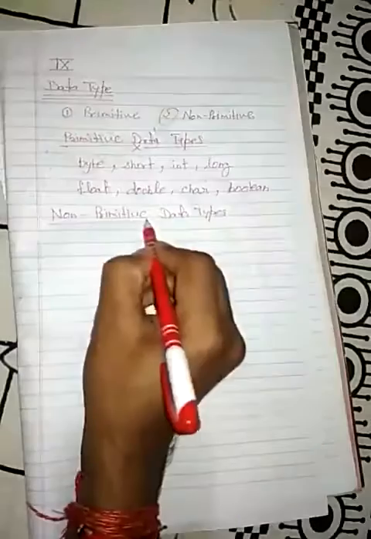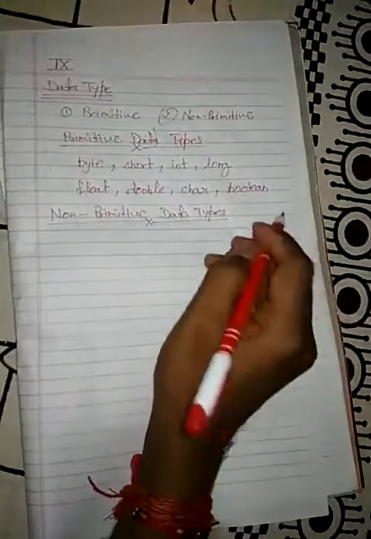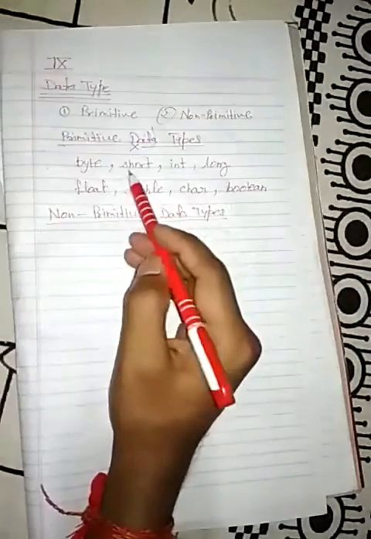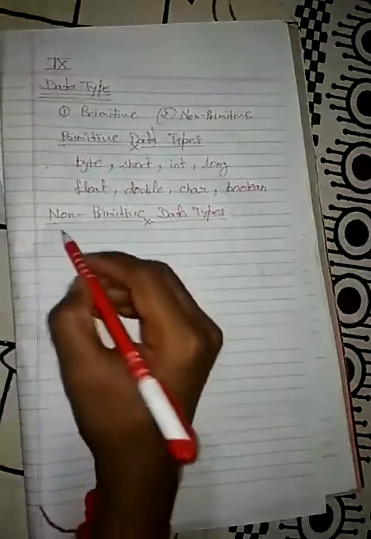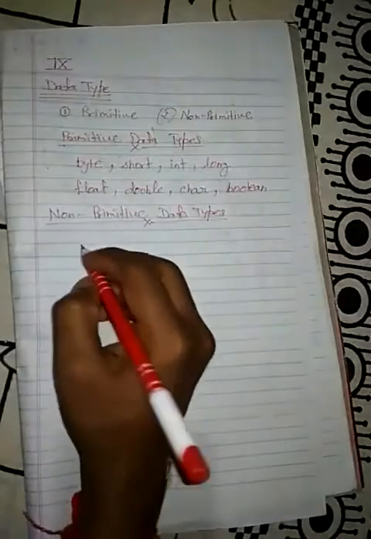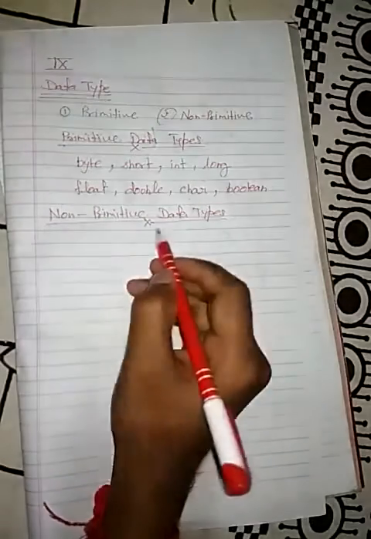As I have told you, primitive data types mean already defined, and non-primitive data types mean user defined. User defined data types are called non-primitive data types.